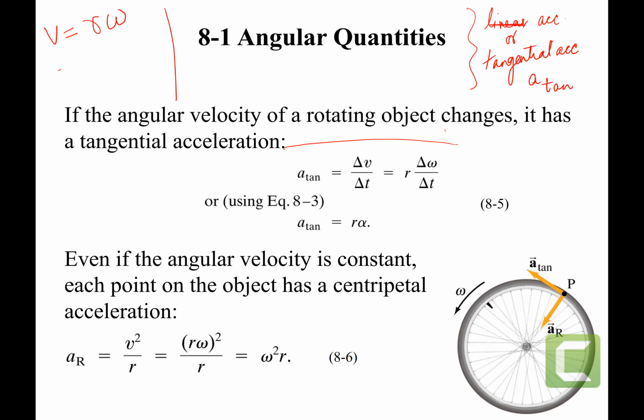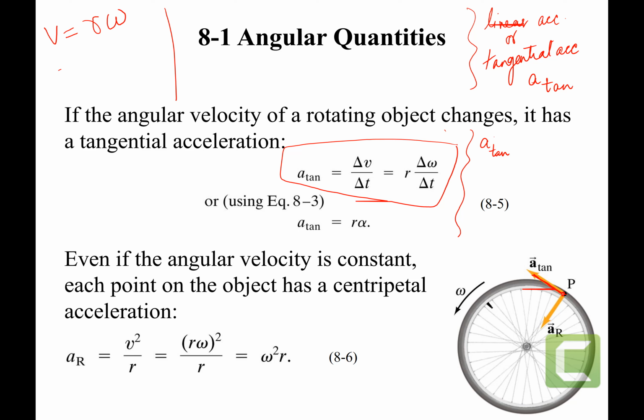If you understand this equation over here, let me do it for you. We know that linear acceleration, which we say is tangential. Tangential means it's linear because it's not rotational. In previous chapters, you have been writing simply A, but now that we are talking about rotational motion, we write it as tangential.